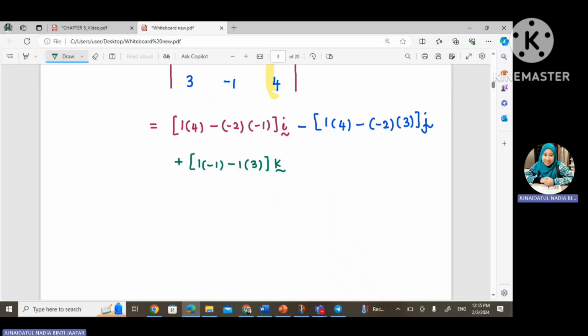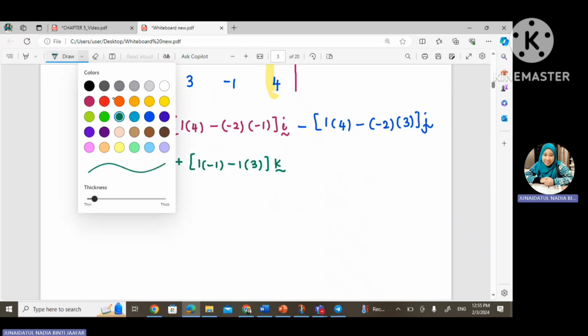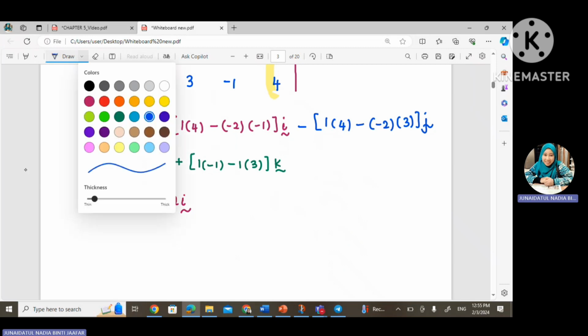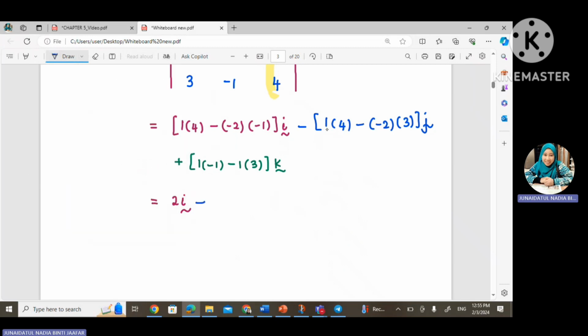Next, we simplify. For i, 1 times 4 minus negative 2 times negative 1 is equal to 2i. Then minus 1 times 4 minus negative 2 times 3 is 10, so minus 10j.